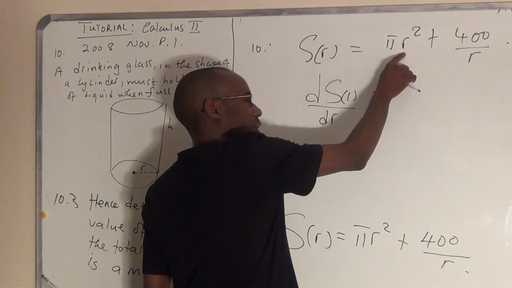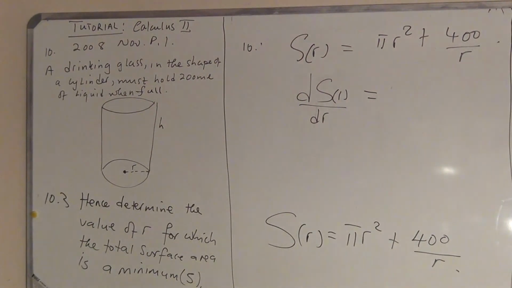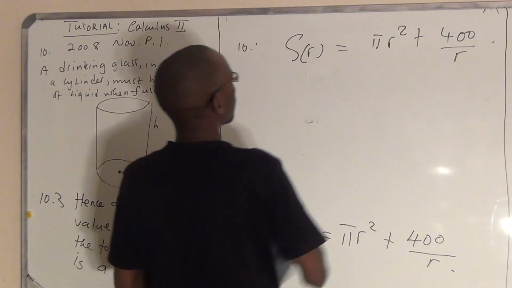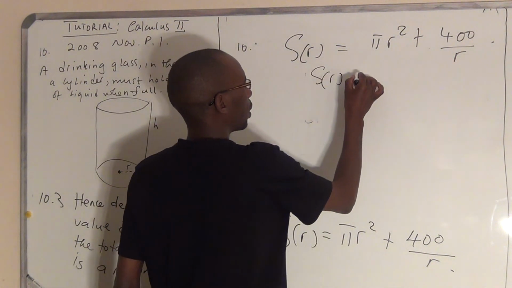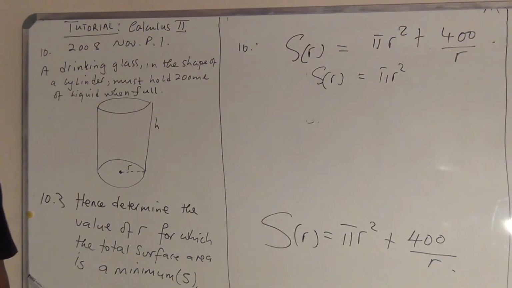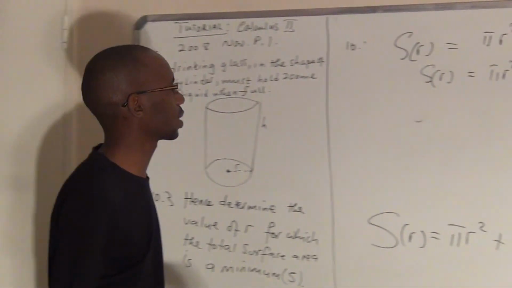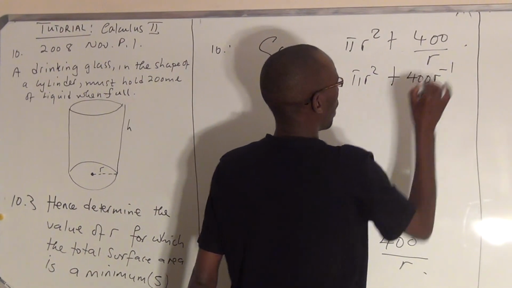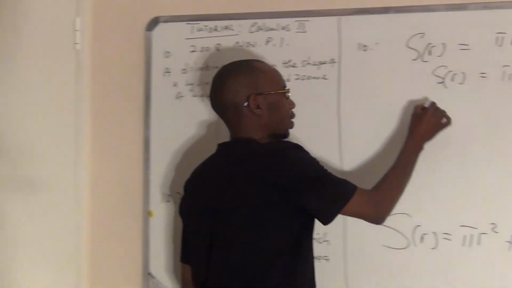Let's write it in a much better form first, the standard form that I always talk about. We can rewrite S as a function of r, equal to pi r squared. Here where we have 400 over r, we understand that 1 over r is the same thing as r to the power minus 1. So we can write this as plus 400 r to the minus 1.